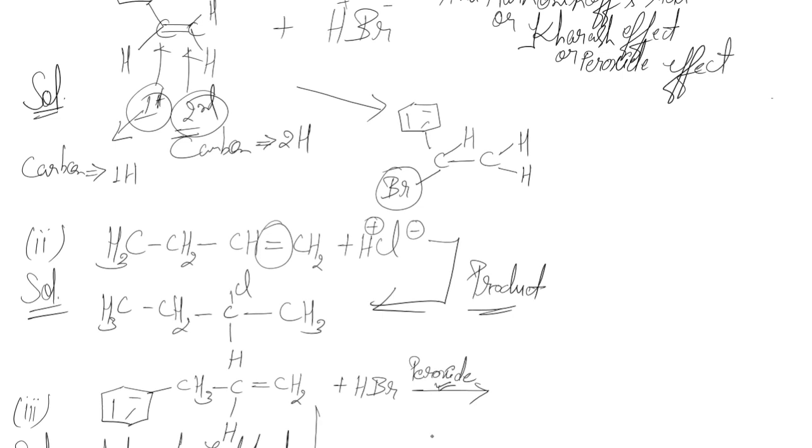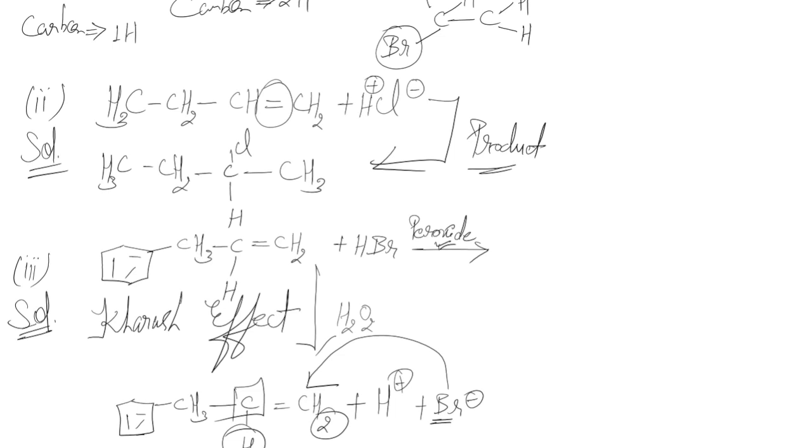Why? Because peroxide like H2O2 is present here. Generally it would go there, but it will not. So it will go to that carbon which has the highest number of hydrogens.